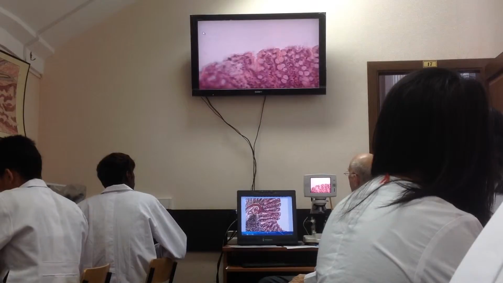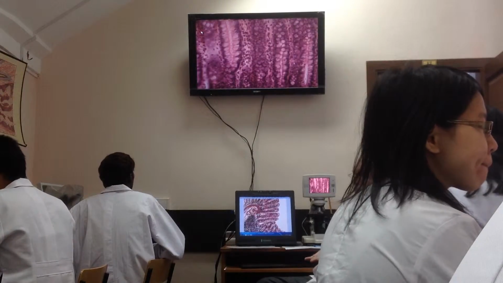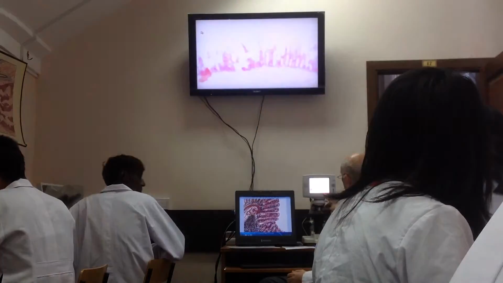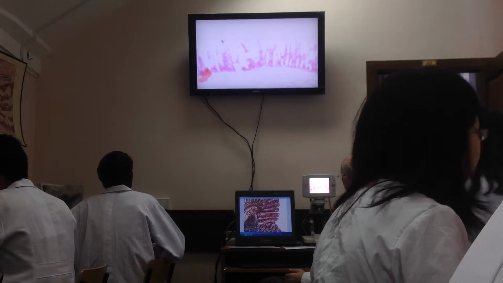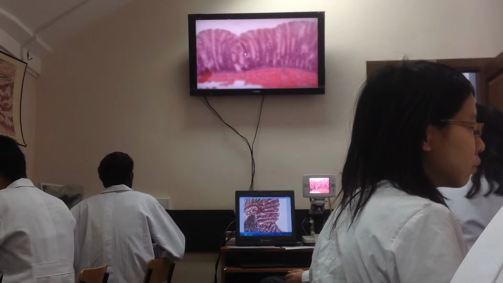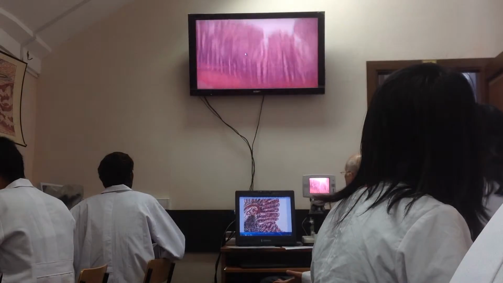Here you see epithelium of the large intestine. Is it clear? General morphology, general structure of the organ is similar to another one.